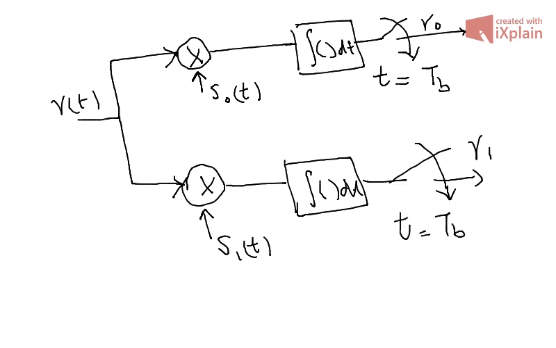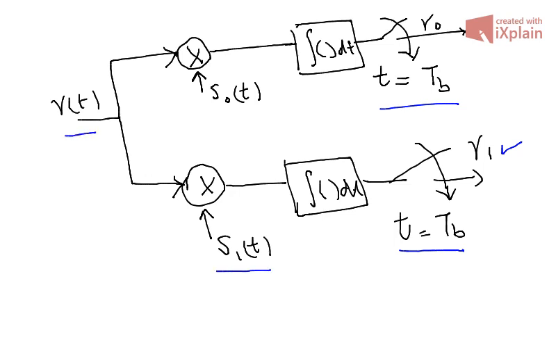This number R1 is actually the measure of similarity of the received signal with S1 of t.